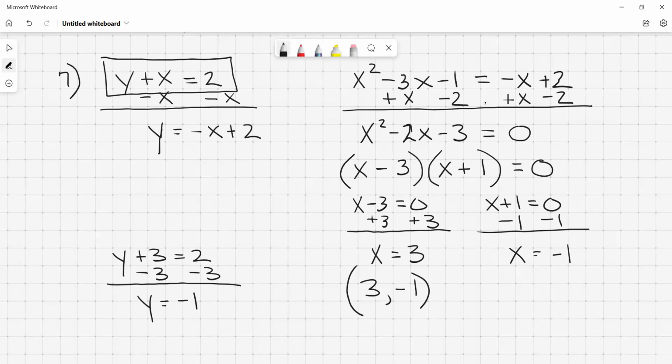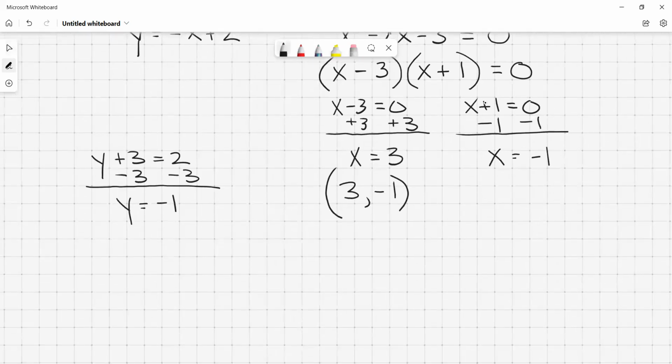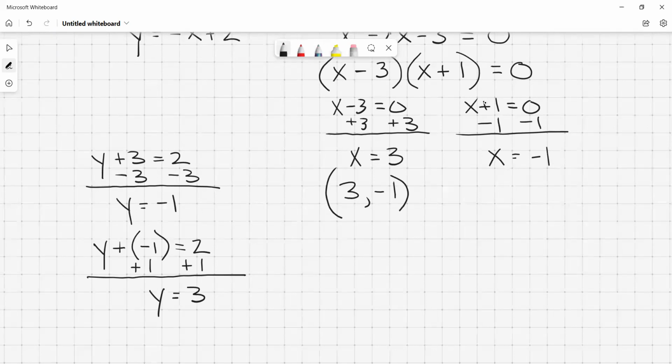And then for your other solution, you've got y plus x equals 2, so you're going to do y plus your x over here, which is -1, equals 2. Now you add 1 to each side and you get a y equal to 3. I just like putting it in parentheses because it was a negative. And so when x equals -1, y is equal to 3.